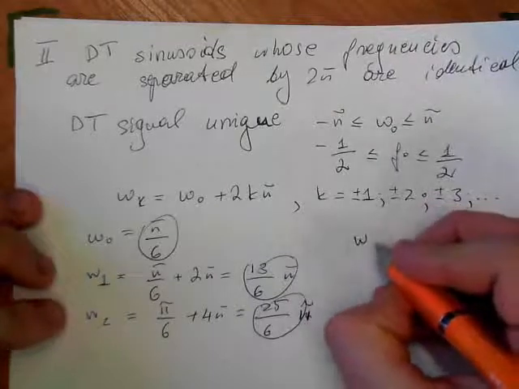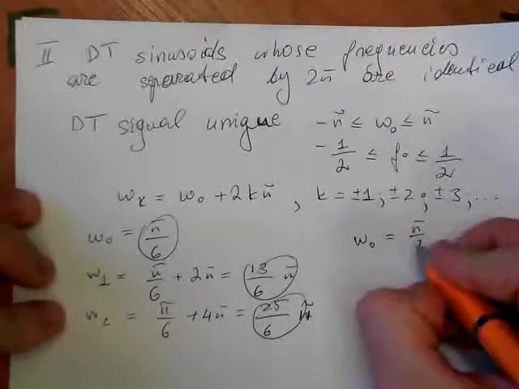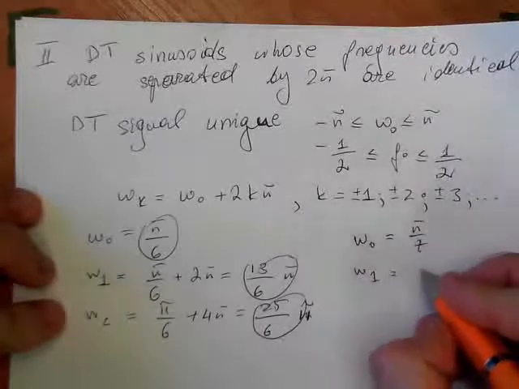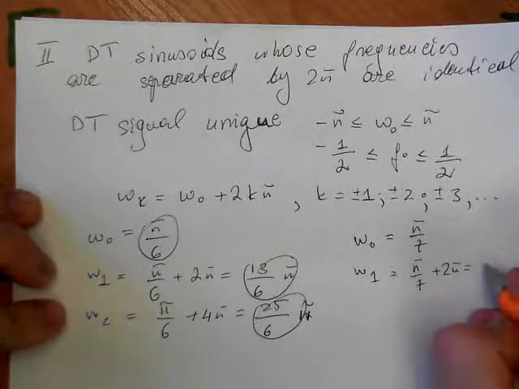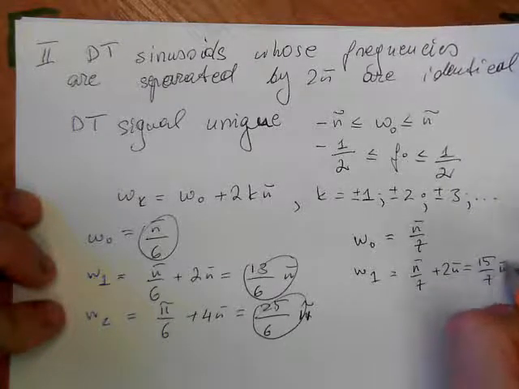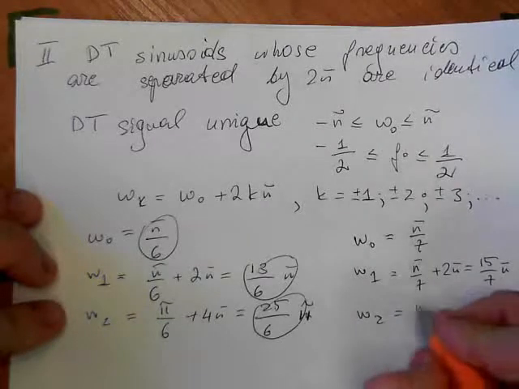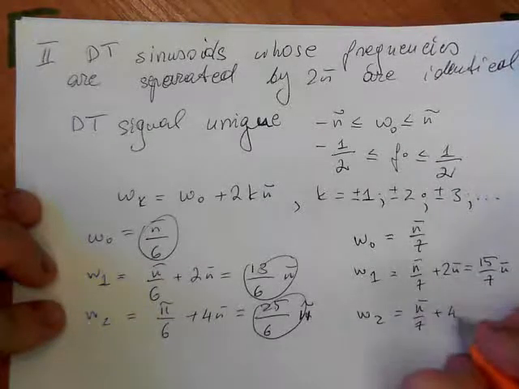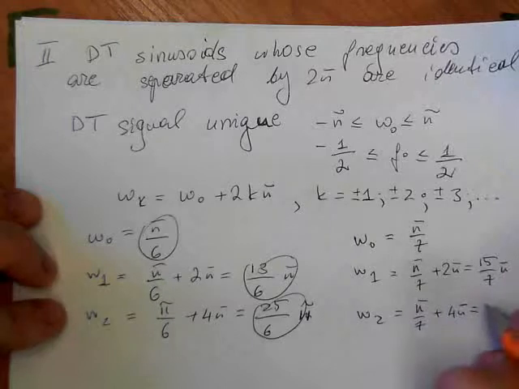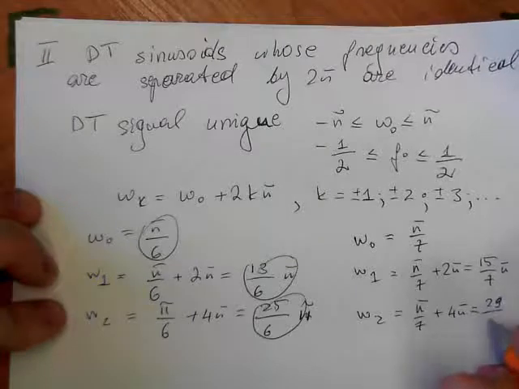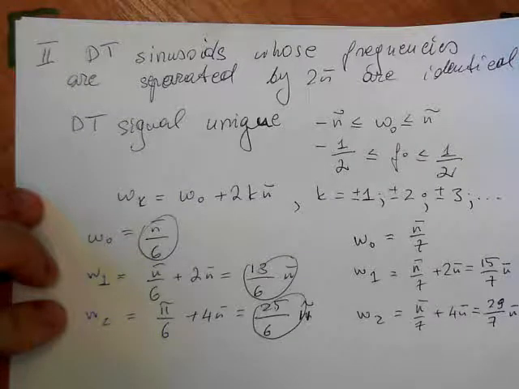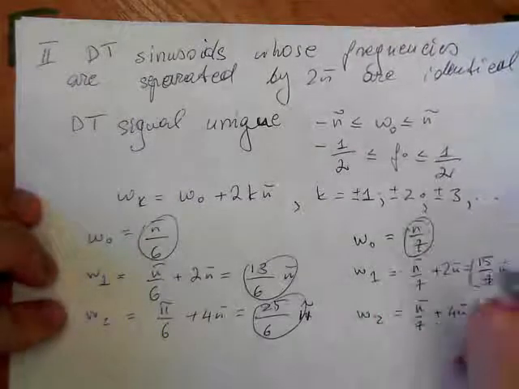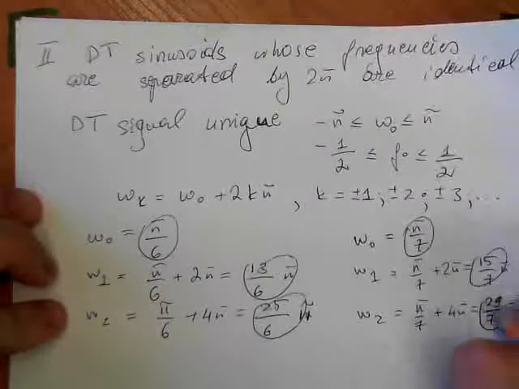Another example: if we have ω0 as π divided by 7, we have ω1 that will be π divided by 7 plus 2π, so it will be 15π divided by 7, and ω2 will be π divided by 7 plus 4π, so it will be 29π divided by 7. Again, these all are identical.